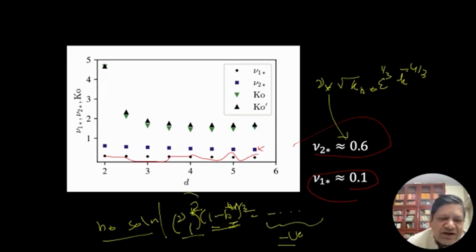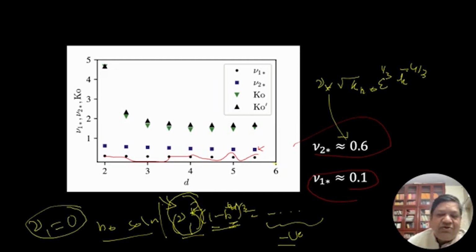So nu1 has no solution for d equal to 6. So that's where I believe that at d equal to 6, the Kolmogorov minus 5/3 is not a solution, but nu1 equal to 0 is a solution. Well, we know that is a solution, but whether it's a stable solution, whether 5/3 is unstable, that needs a bit more work, which I have not managed to do so far.